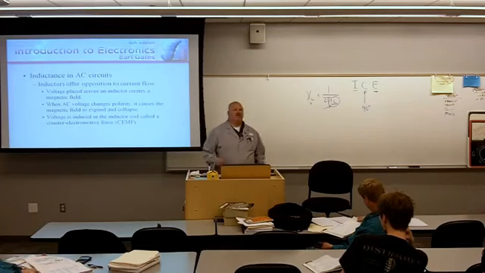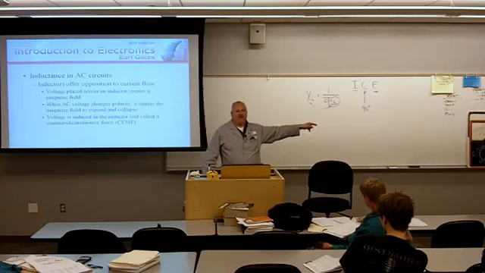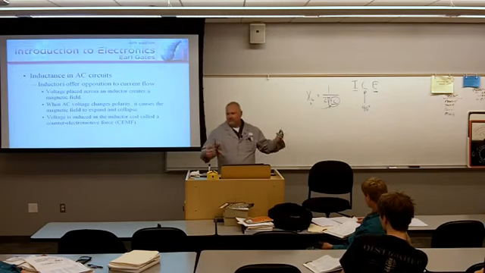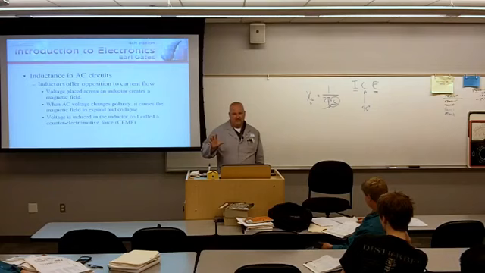So you've got a magnetic field that's expanding and then collapsing, pushing back in, changing direction. 60 positive alternations, 60 negative alternations. That's 120 changes per second. AC in an inductor, CEMF. Make sense?